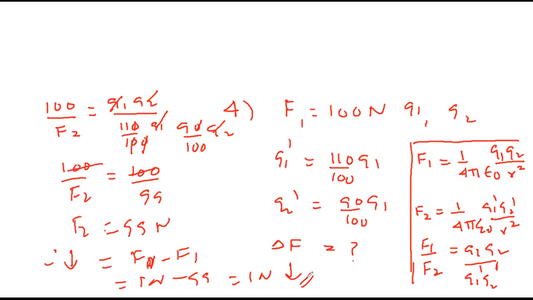Done, sir. Now the fifth one I want orally from you, because already I have explained the concept of maximum and minimum. So Q by 2. Correct, D option, Q by 2.